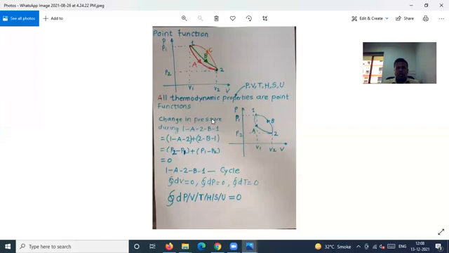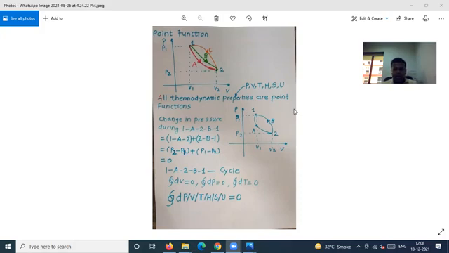See, in the last lecture, we derived the expression for work done. Work done during any process is given by the integration of pressure into dV, that is, integration of PdV.